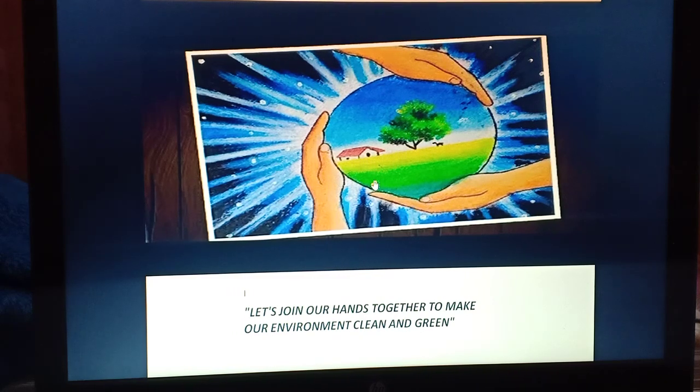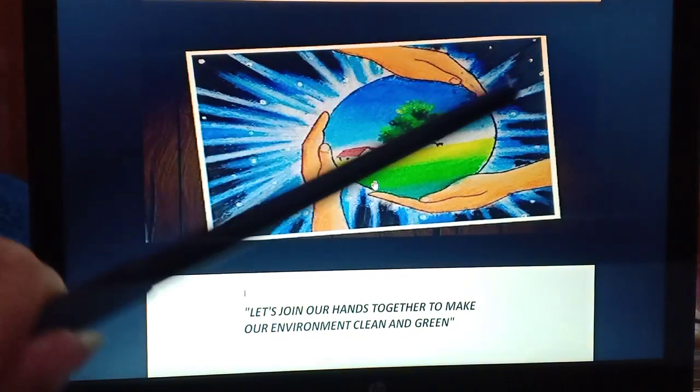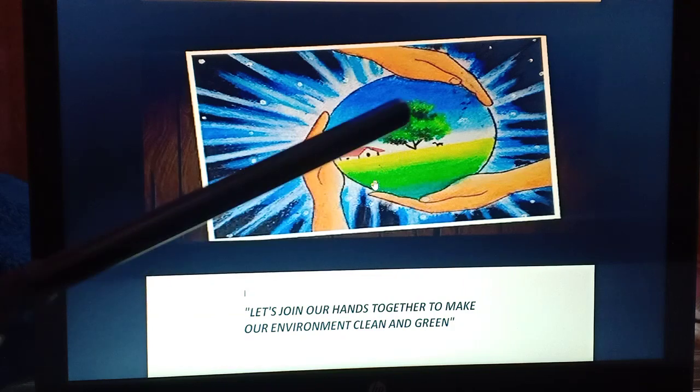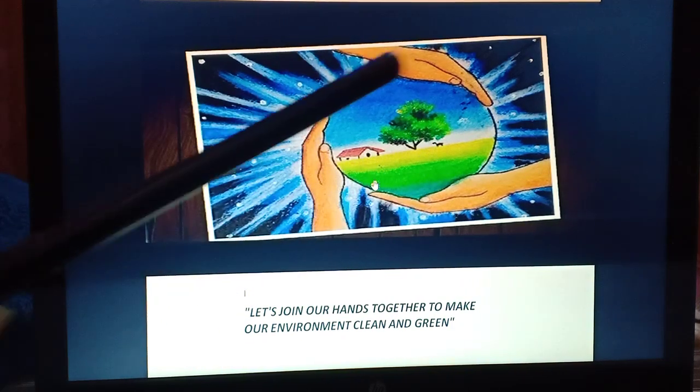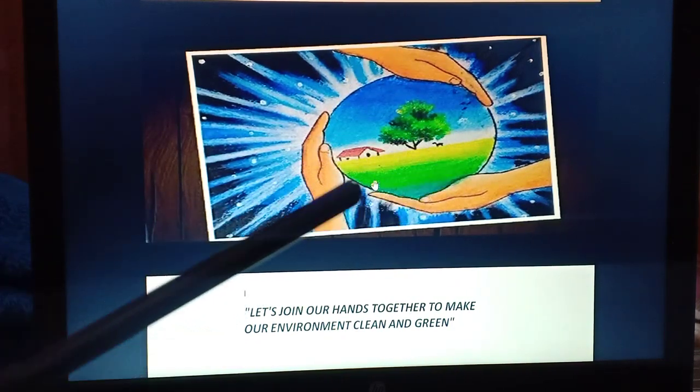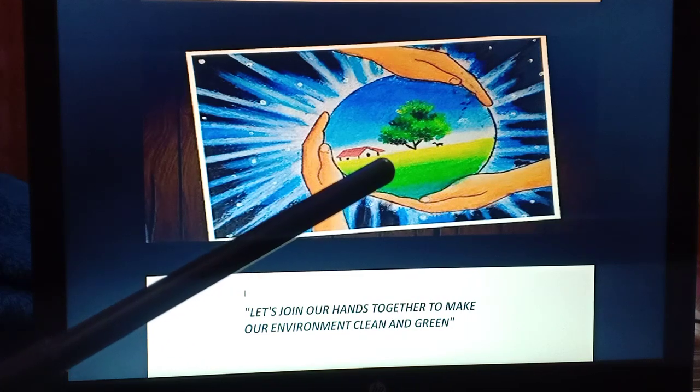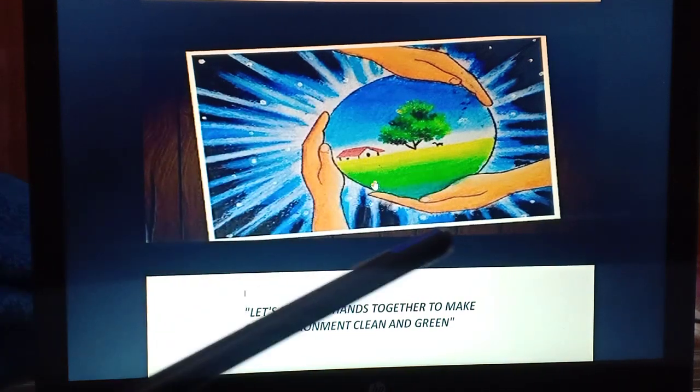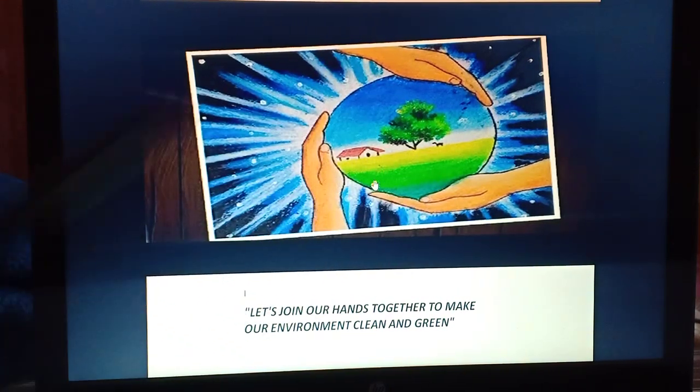So by this chapter, you learn how important the environment is for us. Environment is our basic life support system, right? So let's join our hands together to make our environment clean and green. Thank you.